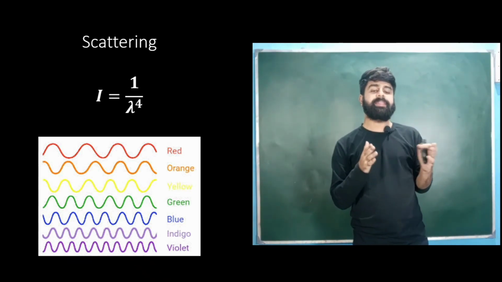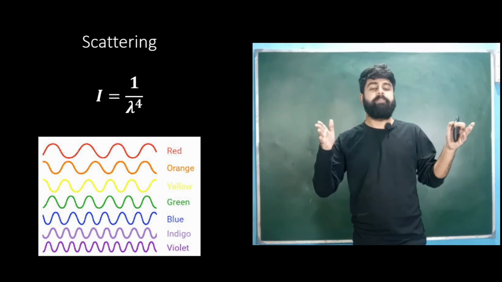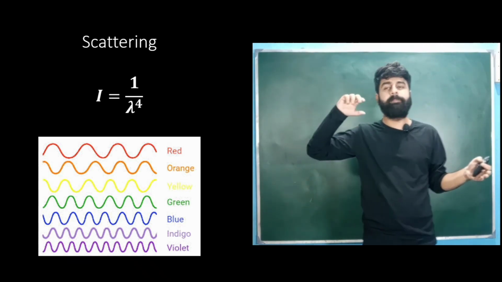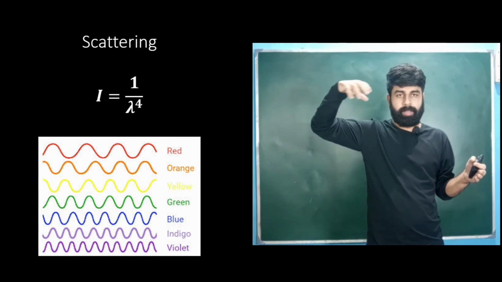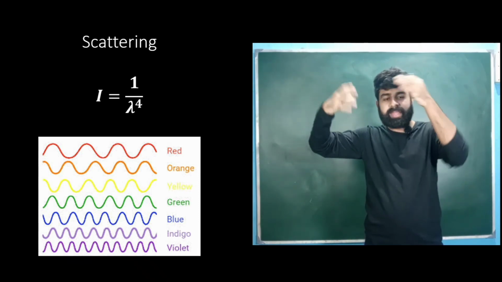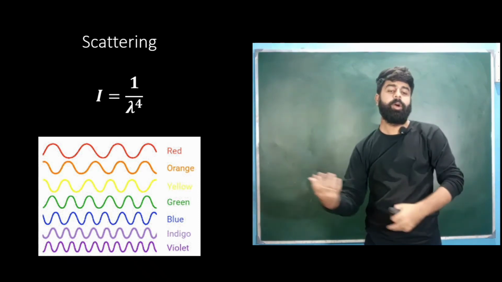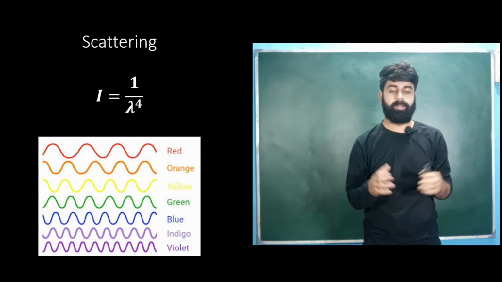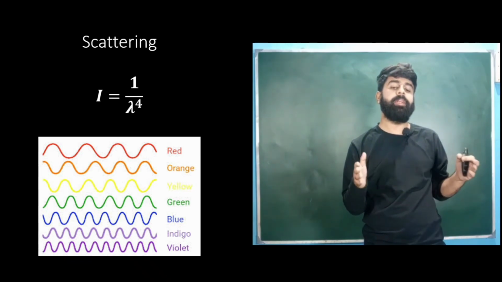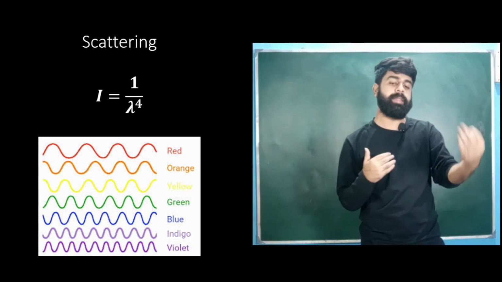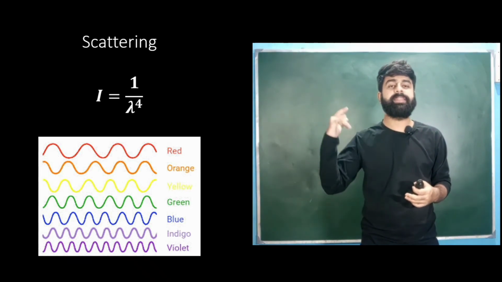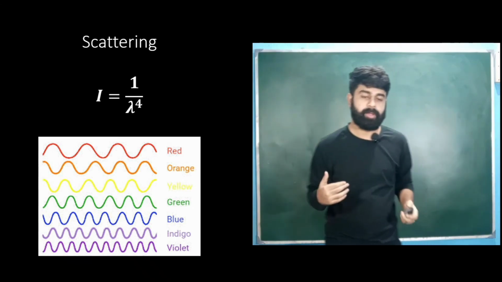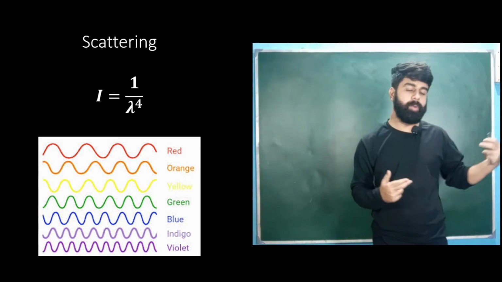Obviously red light has the maximum lambda, so I will be minimum here. The scattered red light will be minimum, while the frequency of the violet is bigger than the red, so the intensity of the scattered light will increase for the violet, the indigo, the blue.